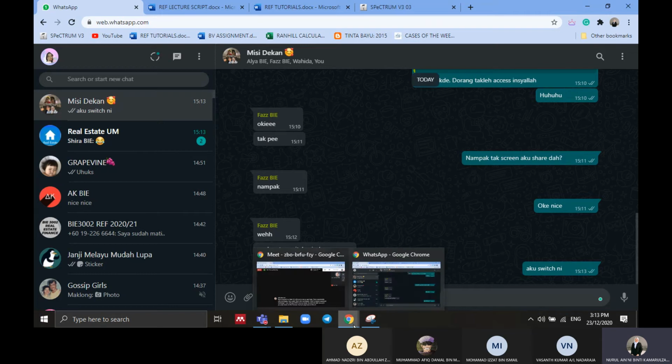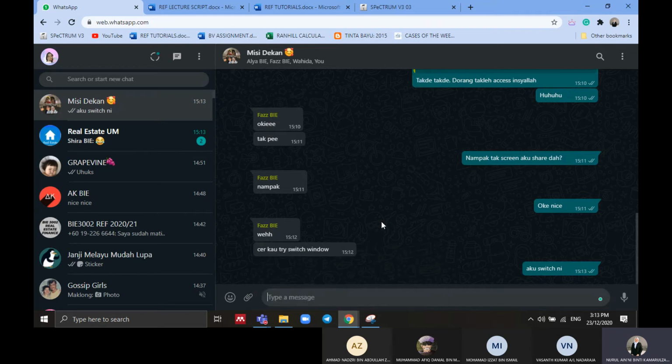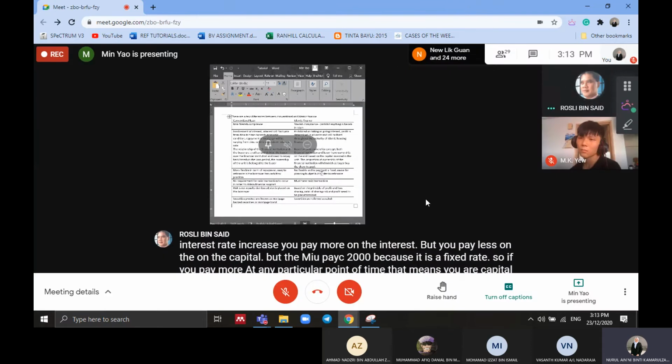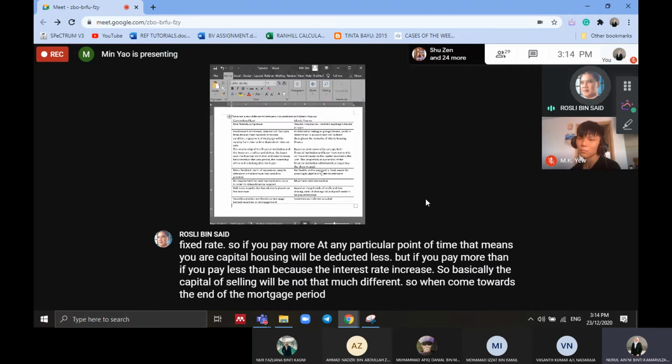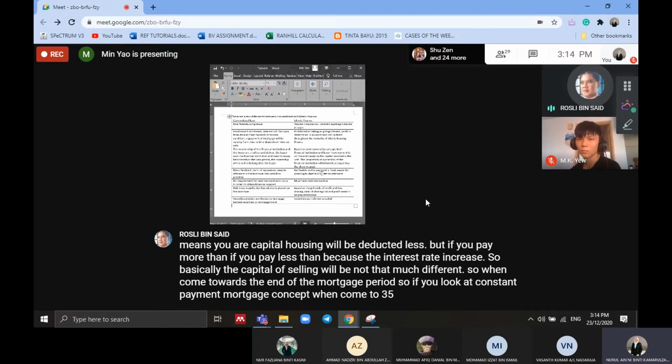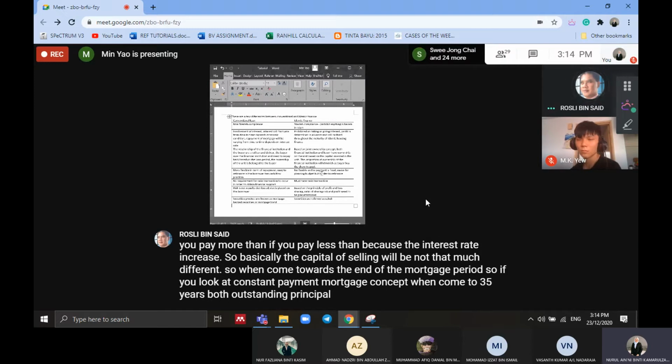Towards the end of the mortgage period, if you look at the constant payment mortgage concept, when it comes to 35 years, both the outstanding principal and the amortization should be the same.